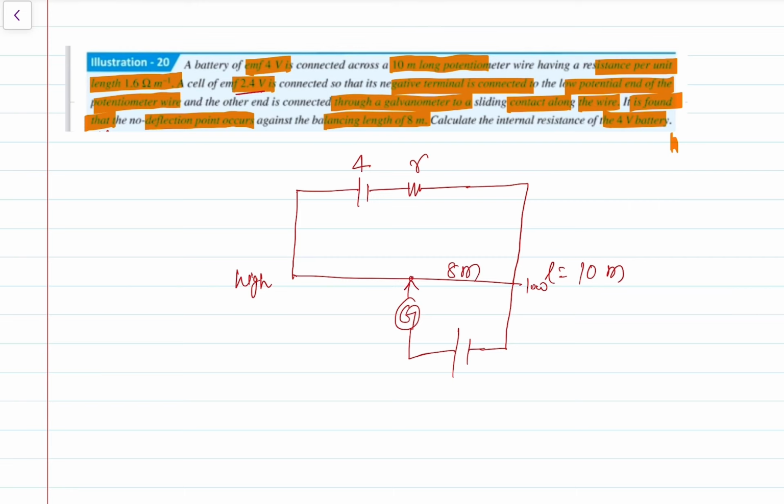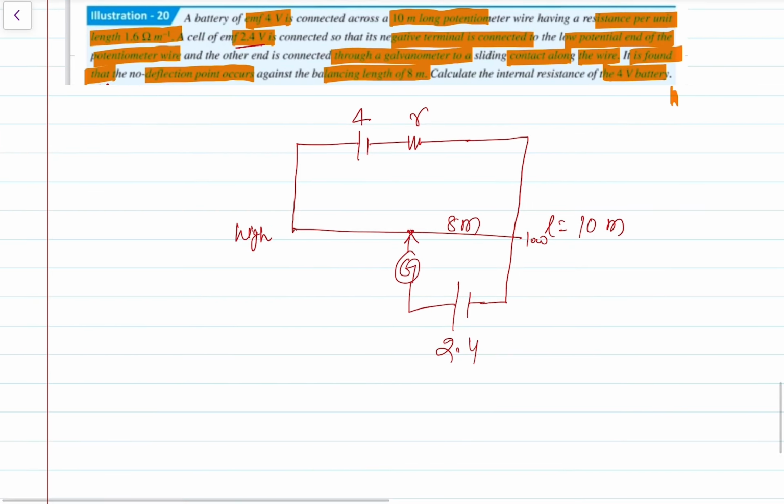So at this point balancing length occur, means null point is obtained. Okay, and here it is given 2.4 volt. Now we have to find the internal resistance of the cell. Okay, so let's calculate the answer for the given question.